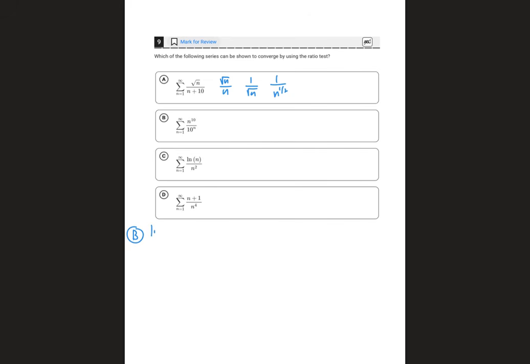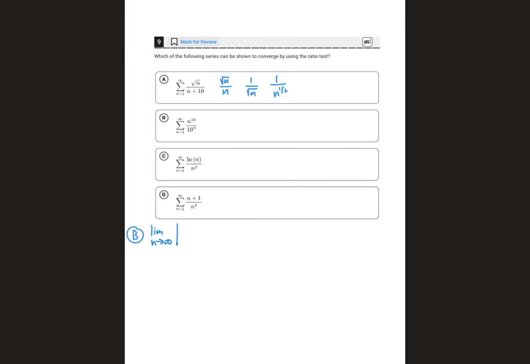Okay, so let's do the limit as n approaches infinity. Since these are all fractions, we take the n plus first term and divide it by the nth term. I'm just going to multiply by the reciprocal right away, to skip that step.